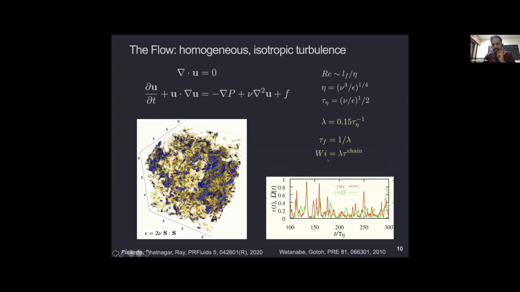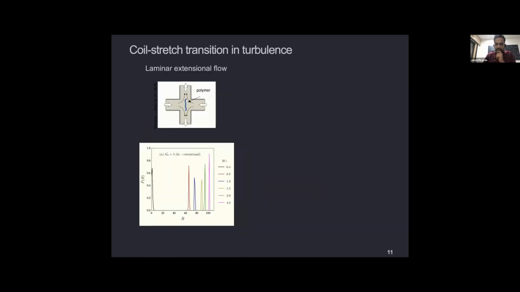So now we can define our Weissenberg number as the Lyapunov exponent multiplying the time scale of the chain. The main thing to remember is that large Weissenberg means a molecule that can stretch to a larger extent, and one would expect such an object to break up faster. So that's something to keep in mind.